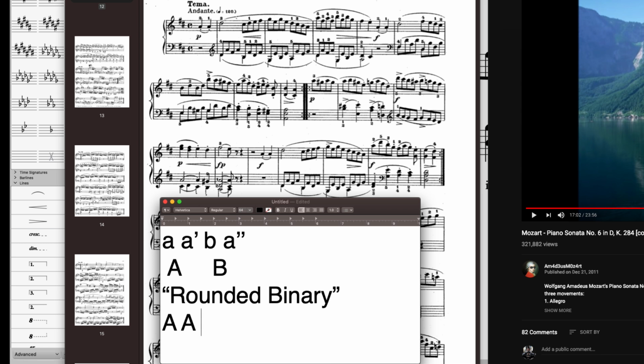Rounded binary looks like that, or another way to say it would be A repeating, B A repeating. Okay, so A that repeats, and then BA that repeats. And this could also be A prime if we wanted it to be.